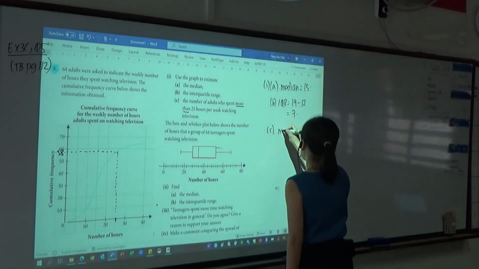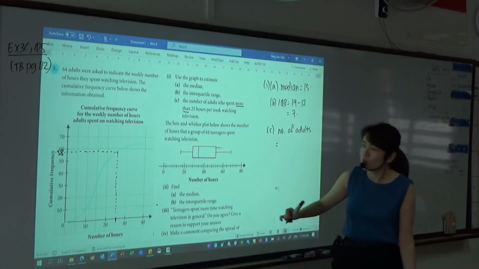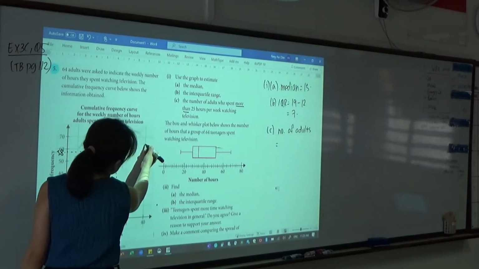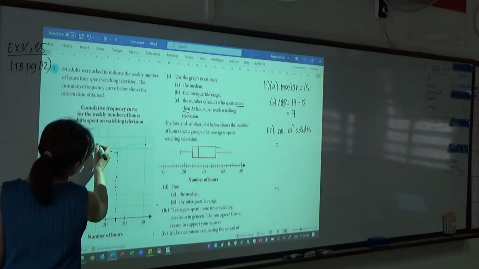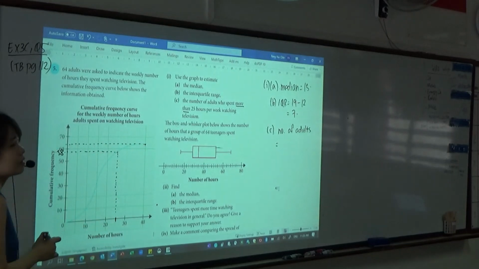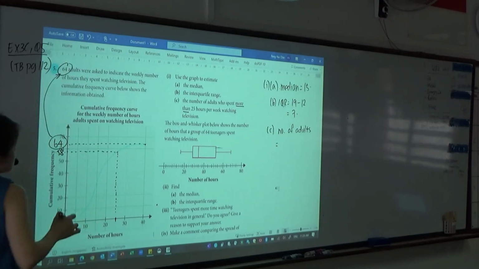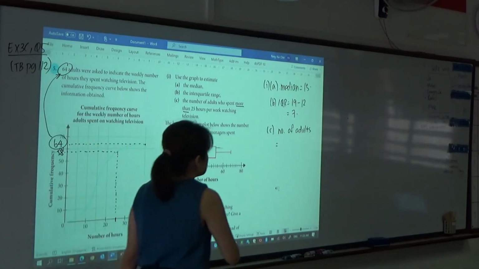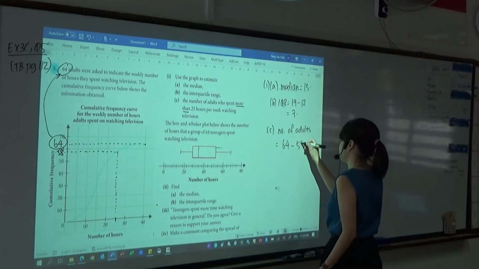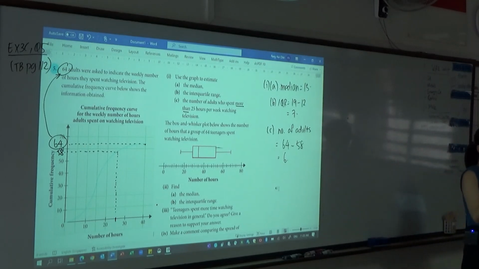So for the number of adults in this question, we take into consideration the end point of the curve over here, and find out the maximum number of adults, which should be 64, because the given question also says 64 already. I hope that you are not taking 70 minus 58. It should be 64 minus 58, and that should give us a value of 6. So part C answer should be 6.